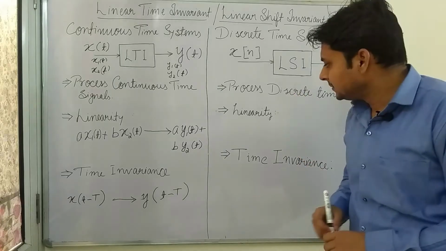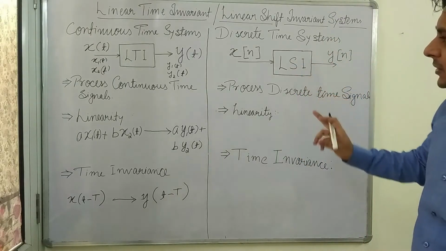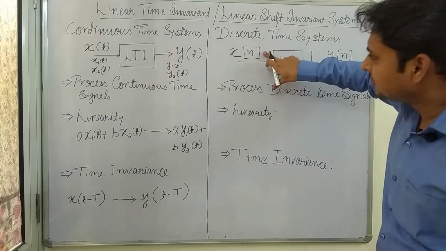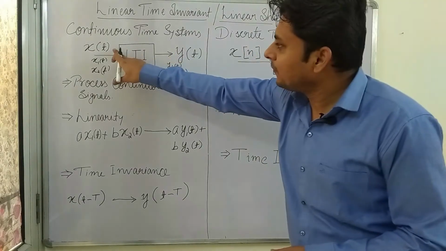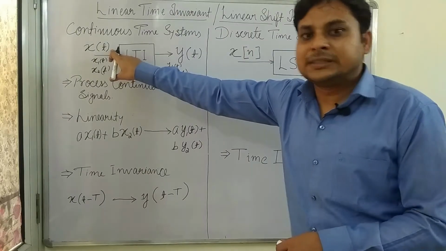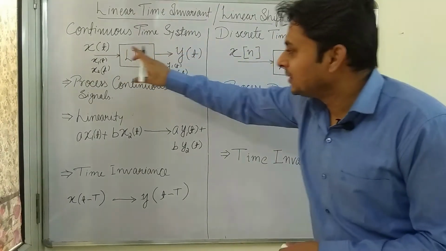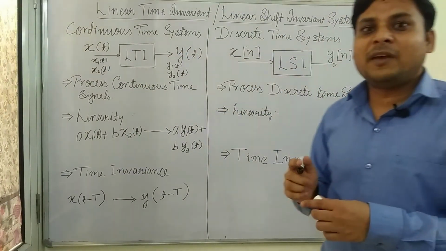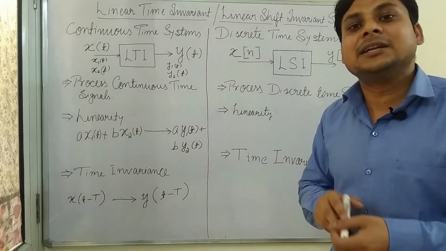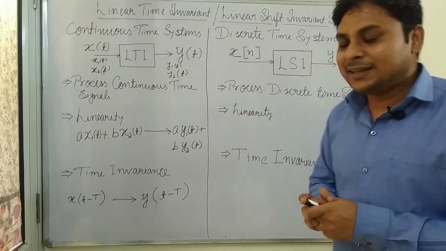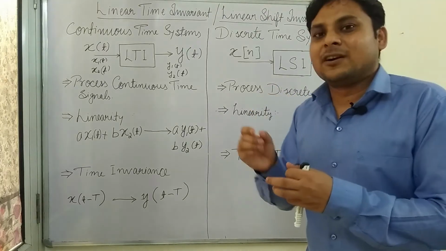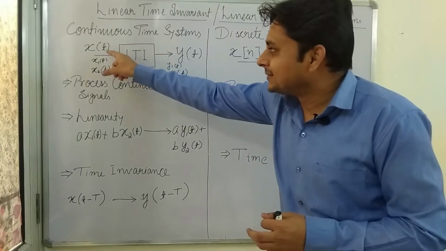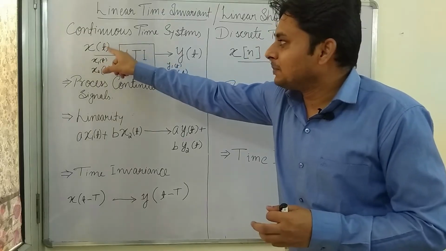Now you can see the input signal is x[n], and it is somewhat different from the earlier signal. This difference is to discriminate between a discrete time signal and a continuous time signal. For a continuous time signal, we use small t for time, enclosed in parentheses.